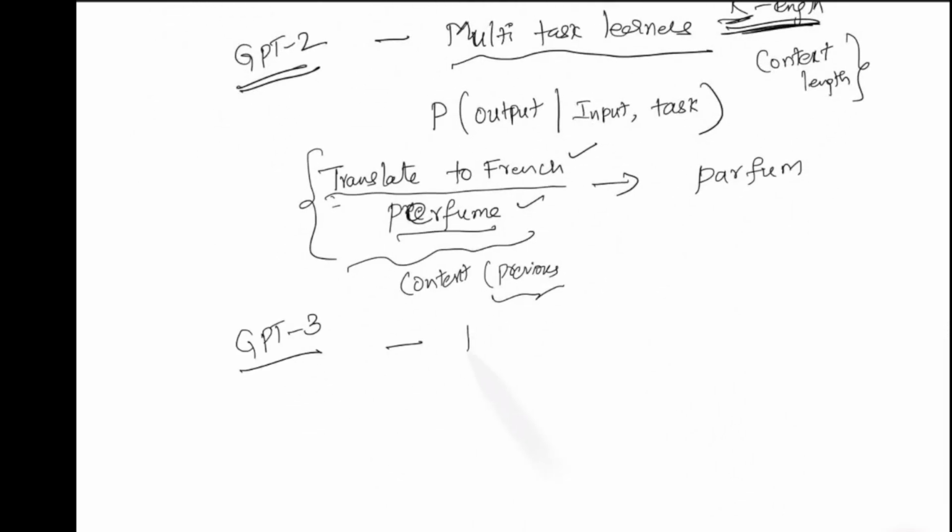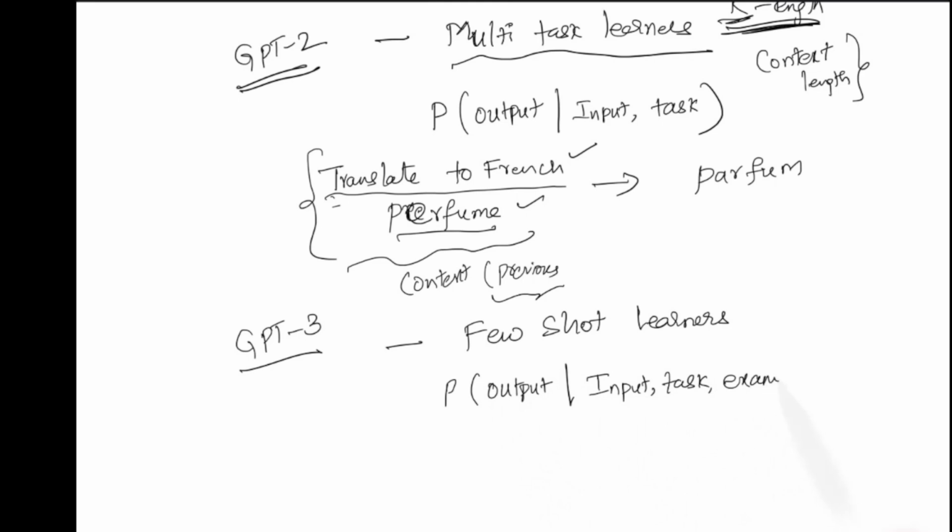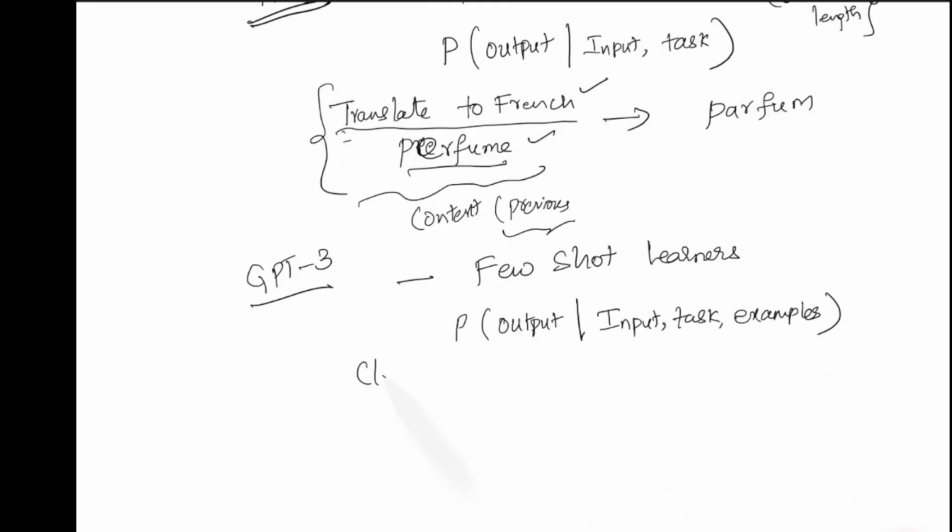These were few-shot learners. Still, the probability of output is what we want to generate, but now it is conditioned on the input, the task, as well as some examples of the task. For example, let's say the task is to classify the sentiment, and we give some examples like, I love the product.